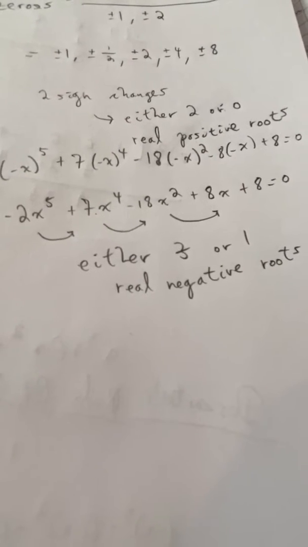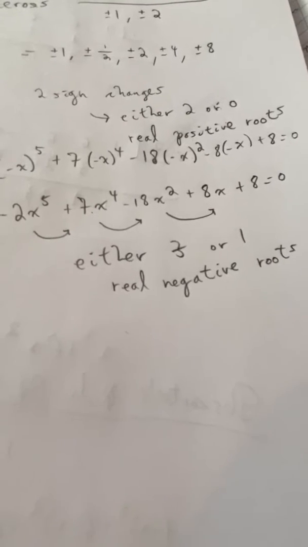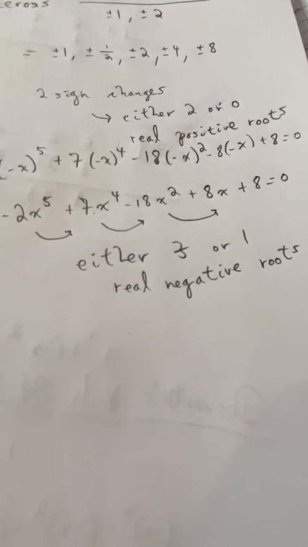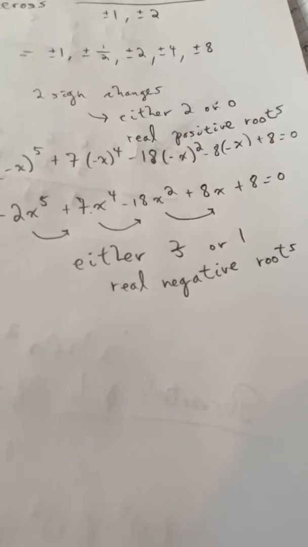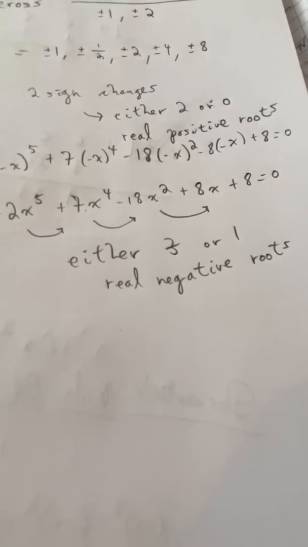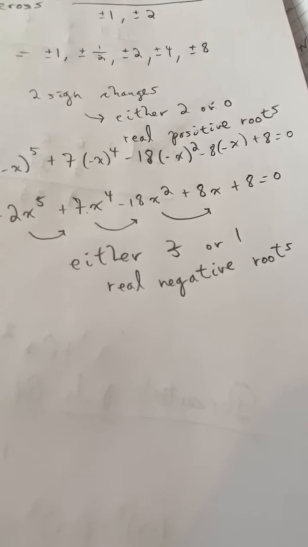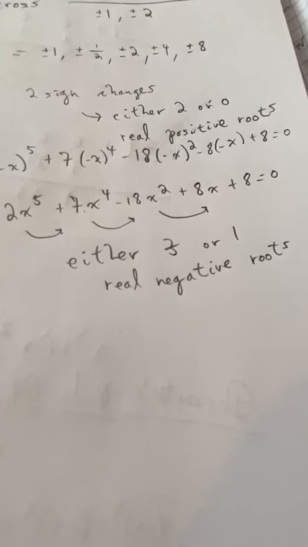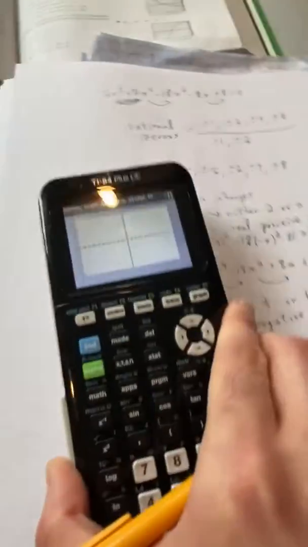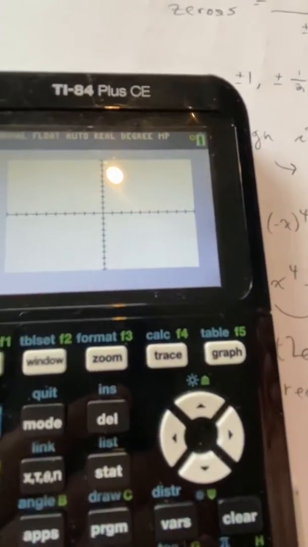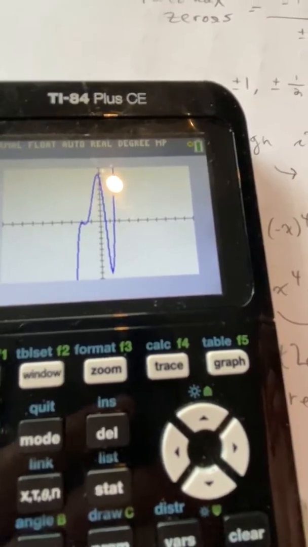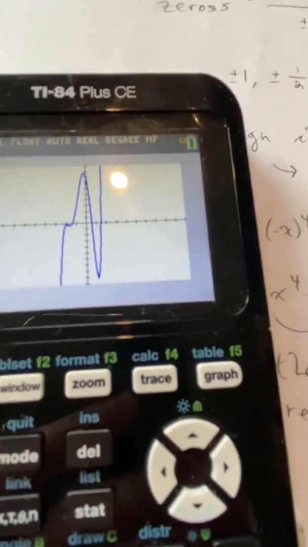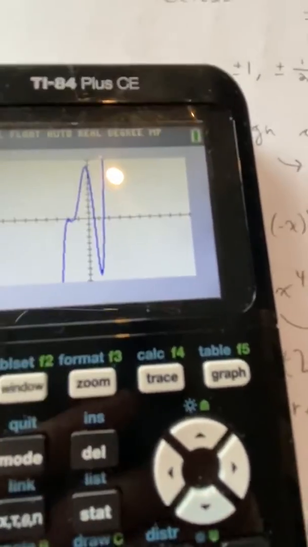So you can plug in 2x to the fifth plus 7x to the fourth minus 18x squared minus 8x plus 8. And if we graph it, this is also just a crazy looking graph. So it's kind of cool to look at.